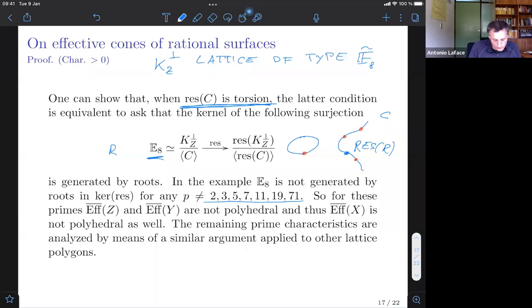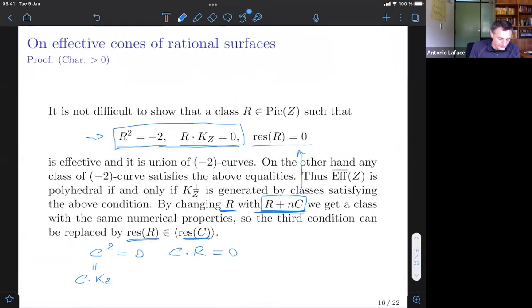Using this and the construction done by Castravet and Tevelev, we could prove as an application of this theorem that the pseudo-effective cone of M_{0,n} bar is non-polyhedral for any n greater than or equal to 10 in any characteristic. Okay, in all the characteristics, but those displayed here, you can use the polygon that I showed to you, this one.